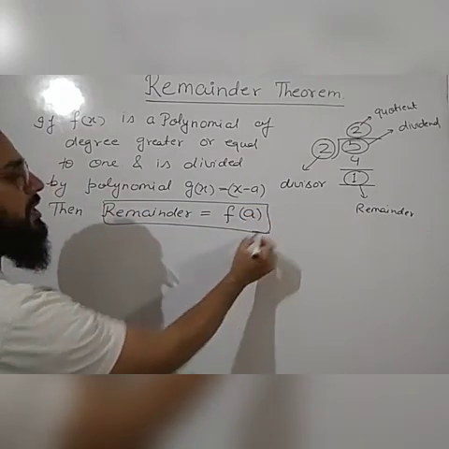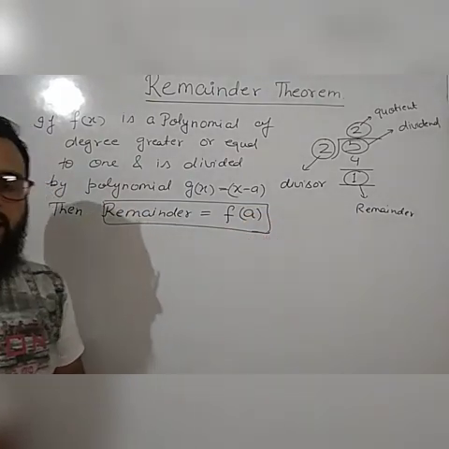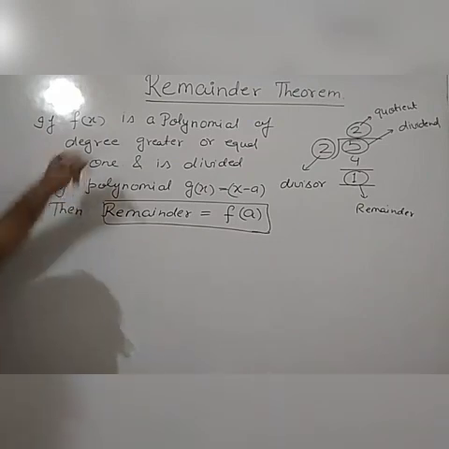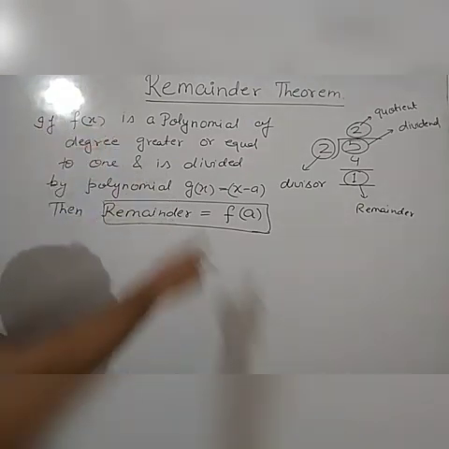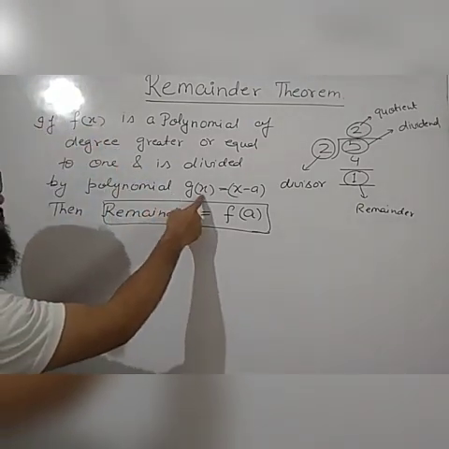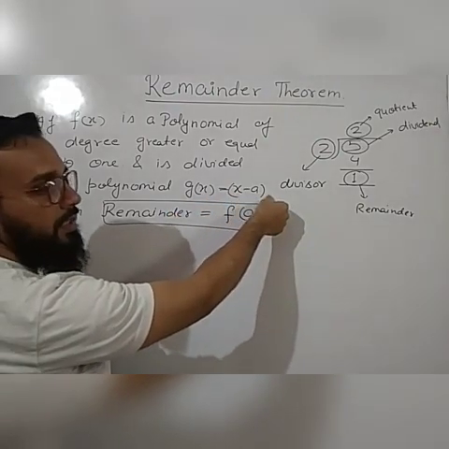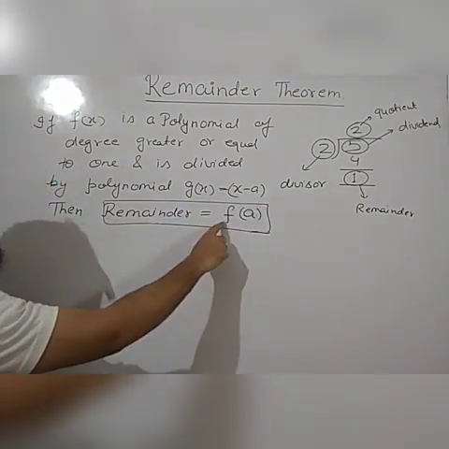This is the statement of the remainder theorem. Clear? If f(x) is any polynomial divided by another polynomial g(x) = x minus a, then the remainder will be equal to f(a).